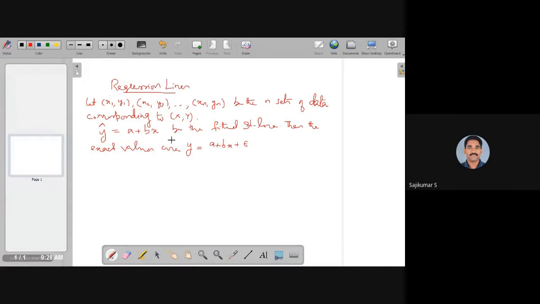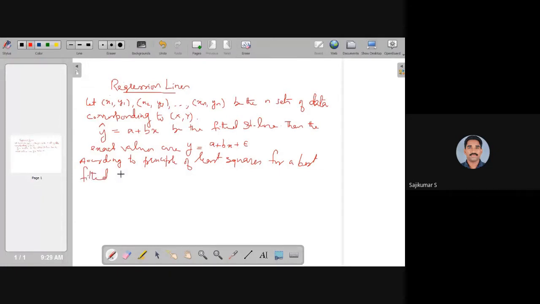So according to the principle of least squares, for a best fitted curve, here the curve is a straight line, the sum of squares of residuals is a minimum.